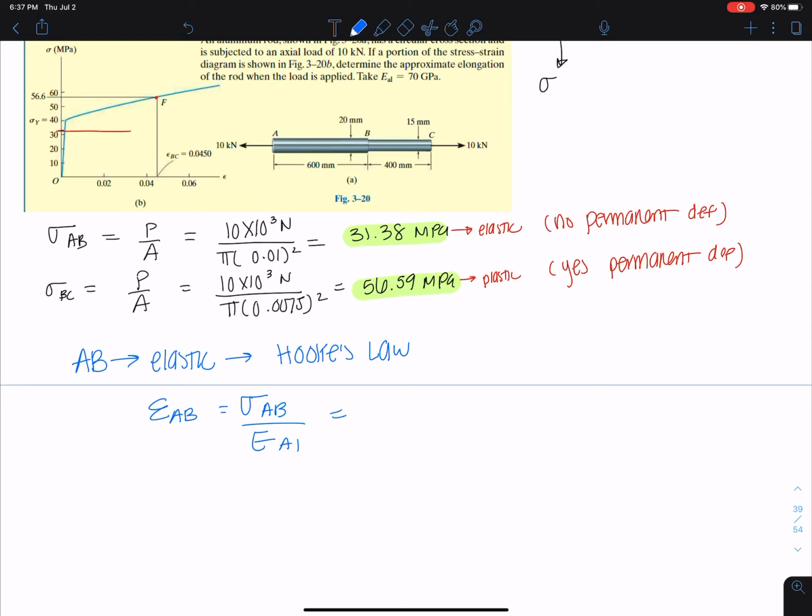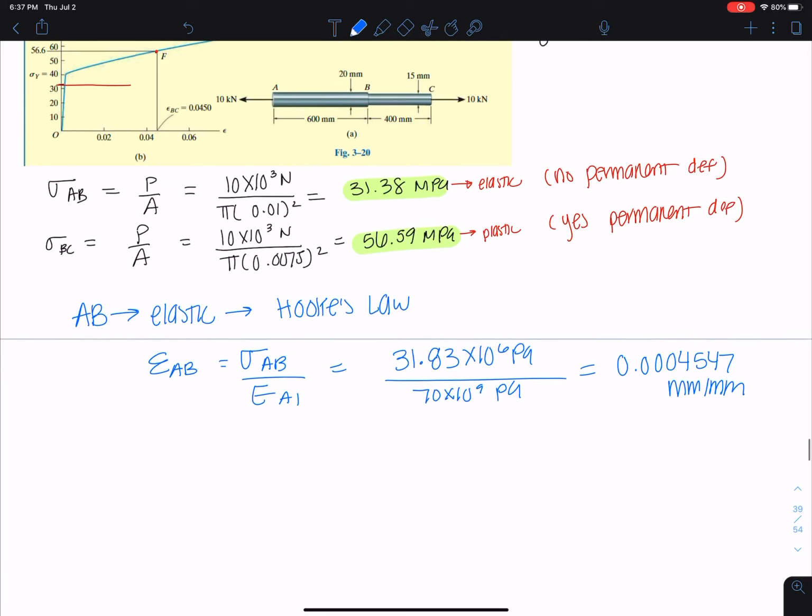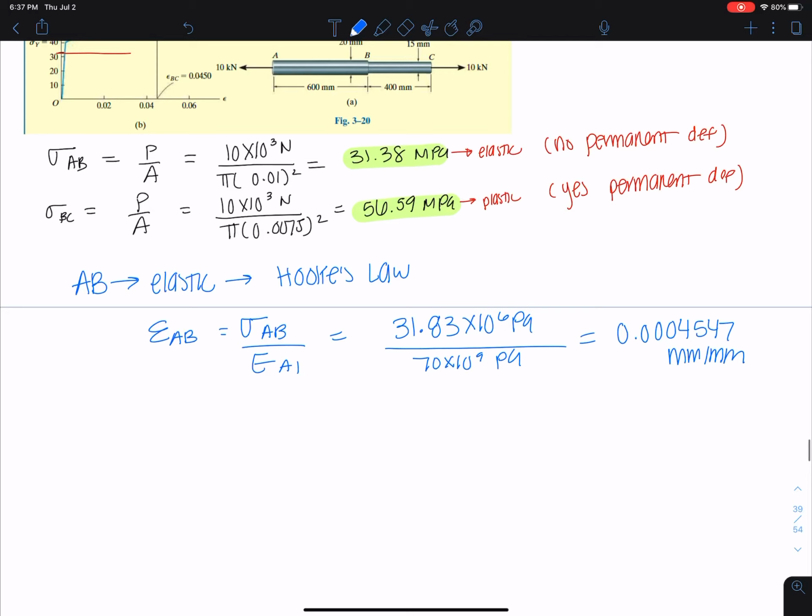All we have to do is plug things in here. So 31.83 times 10 to the 6 pascals, that's the number we got, divided by 70 times 10 to the 9 pascals, and we get 0.0004547 millimeters per millimeter.